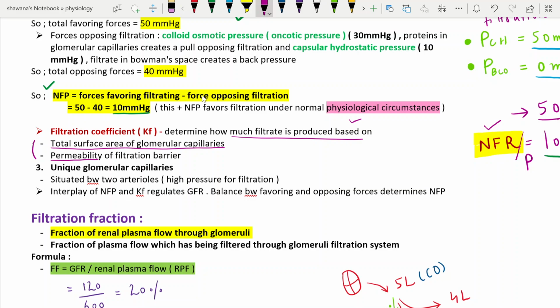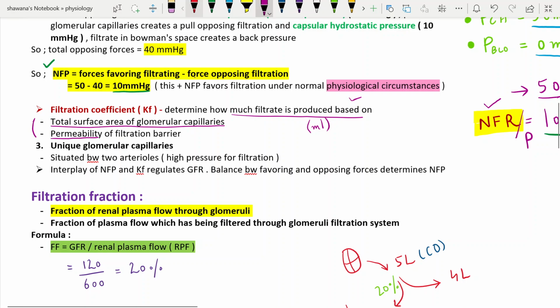It is very important to understand that the filtration coefficient, which is represented by Kf, determines how much filtrate is produced in milliliters. Okay, we will discuss it in a bit more detail later. So it depends on two things. First is the total surface area of the glomerular capillaries, and the second is the filtration barrier permeability or conductivity.